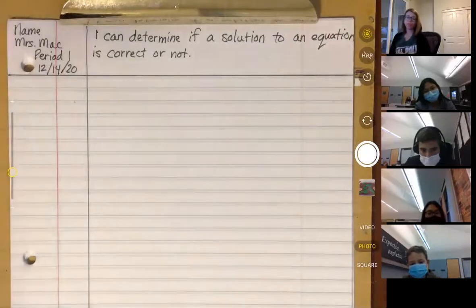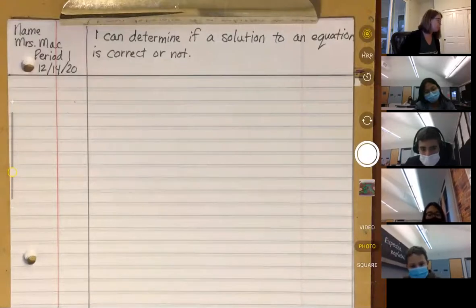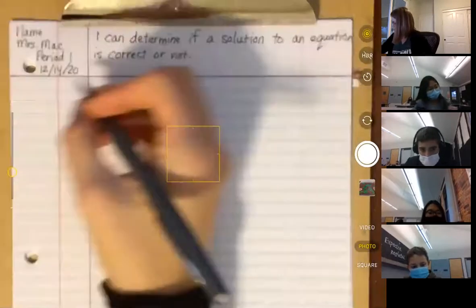All right, so before we can determine if a solution to an equation is correct or not, we need to understand what an equation is, okay? So I have my definition here.